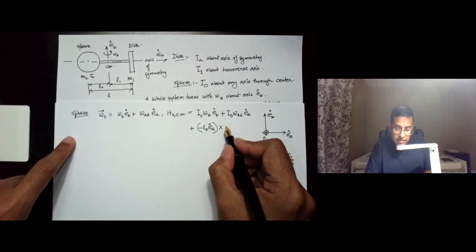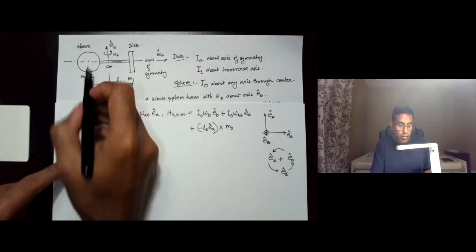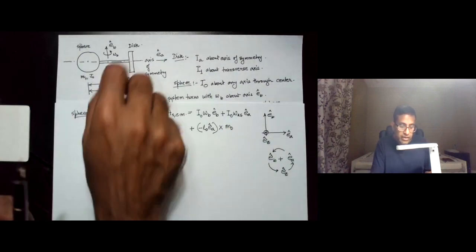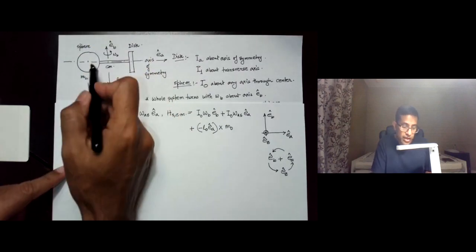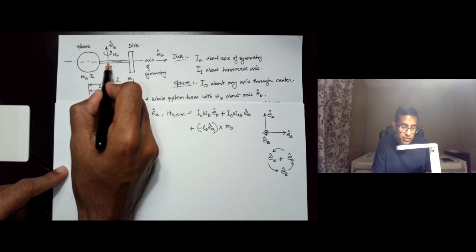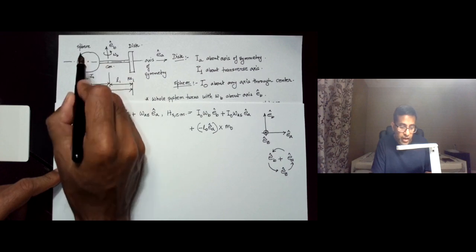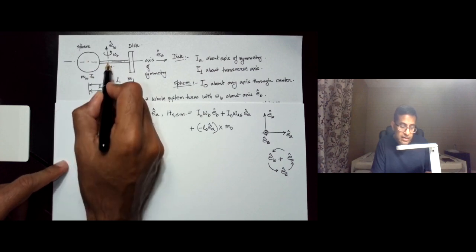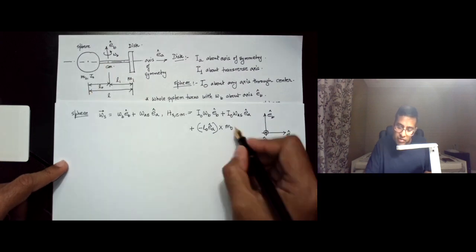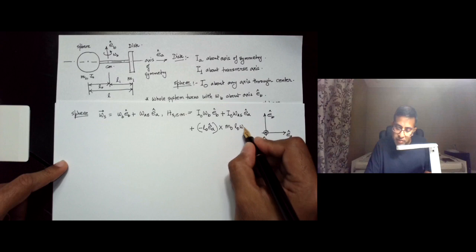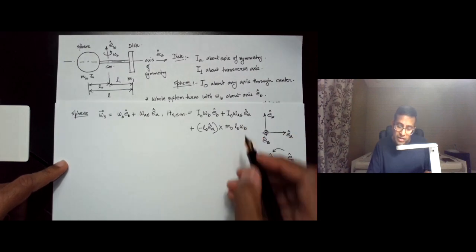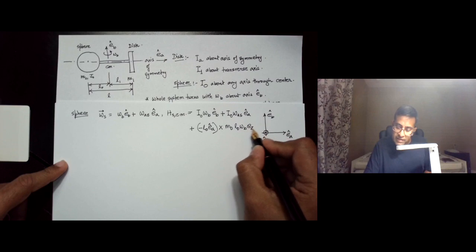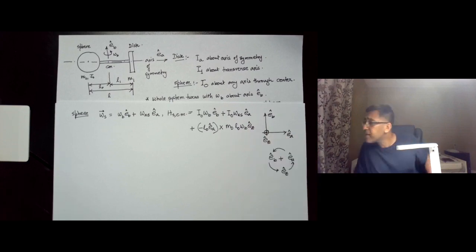So the mass is m naught, and what is the relative velocity? If you think about it, the whole thing is turning like this about the EB axis. So with respect to the center of mass, the center of the disk is moving up like this, and the velocity is L naught times omega b, and this is in the EZ direction. Let me check. Yes.